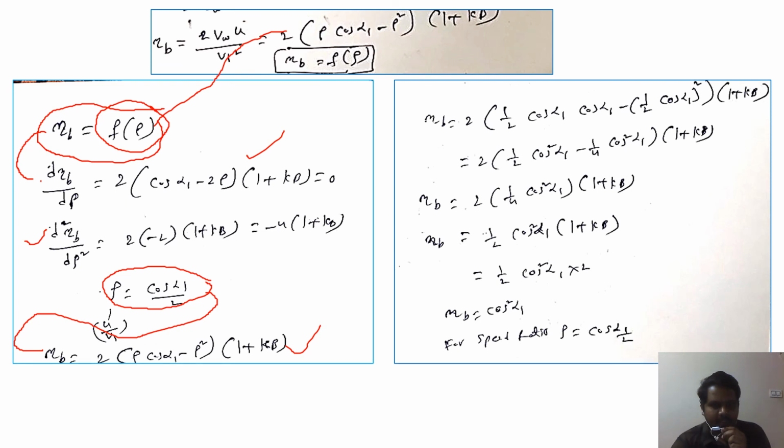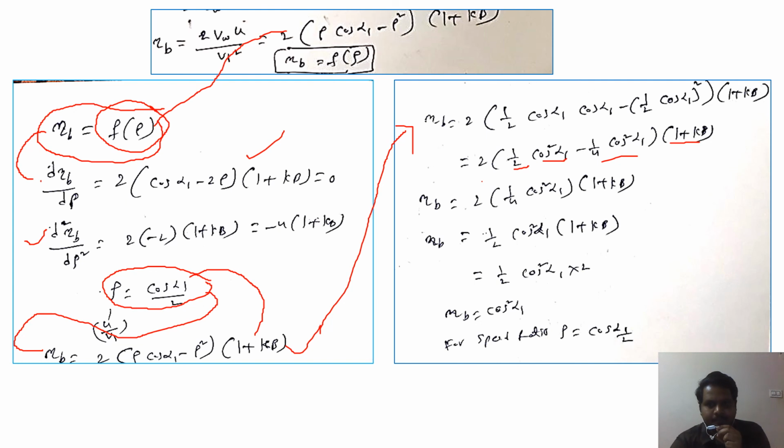In the place of rho, we substitute cos alpha 1 divided by 2. After substituting, blade efficiency equals 2 into 1 by 2 cos alpha 1 minus 1 by 2 cos alpha 1 squared into 1 plus KB. Further simplifying, 2 into 1 by 2 cos square alpha 1 minus 1 by 4 cos square alpha 1 into 1 plus KB.